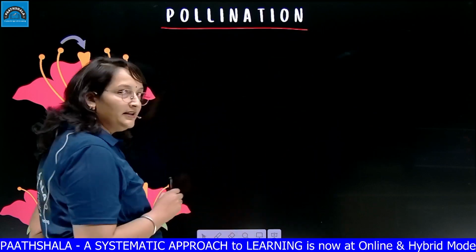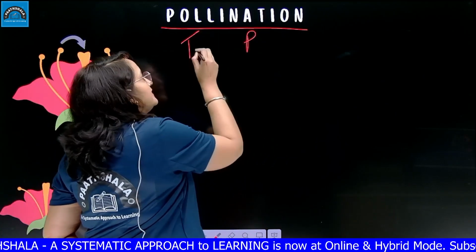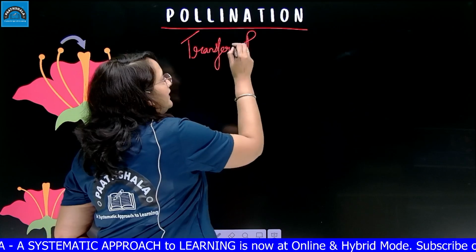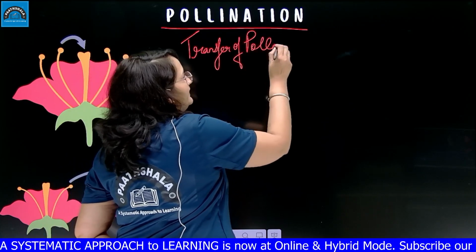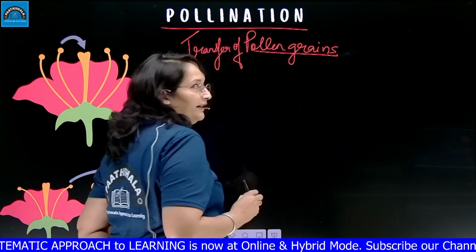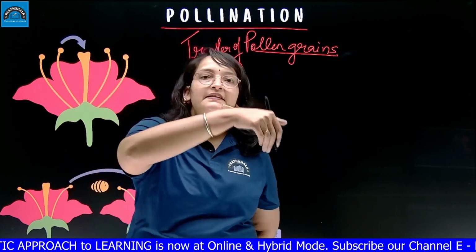Now, when we talk about fertilization, before fertilization there is a process which should occur, known as pollination. Pollination is simply the transfer of pollen grains from the stamen to the stigma.